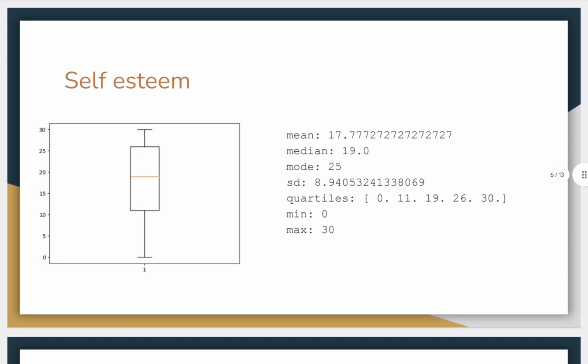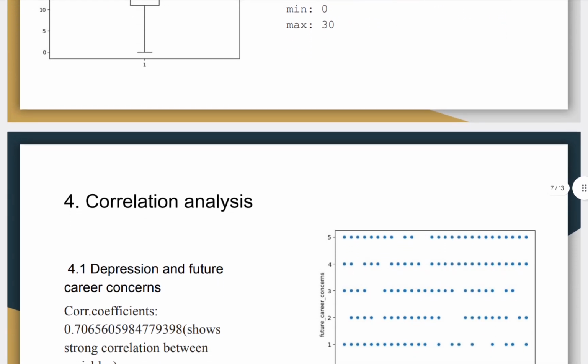Let's go on. Here is the self-esteem. Again, it is the box plot, with the mean, median, mode, standard deviation, quartiles, and minimum and maximum of 0 and 30. All of these box plots were made with Python using Google Colaboratory.